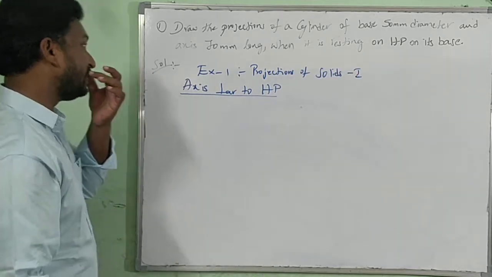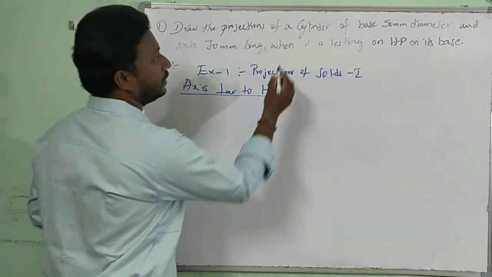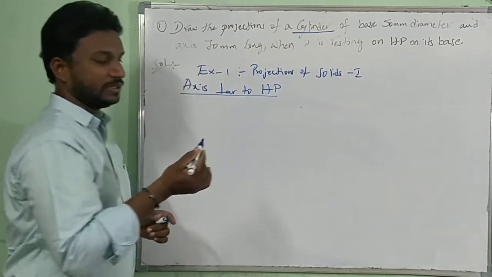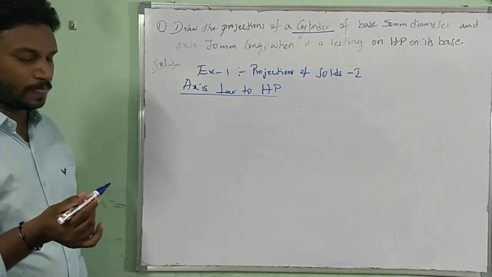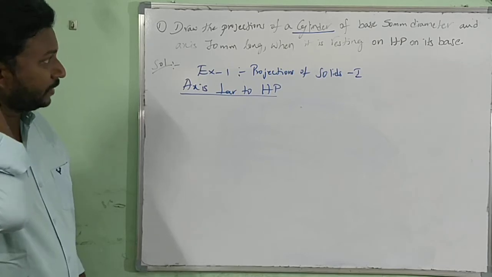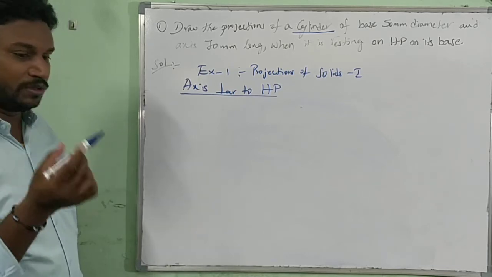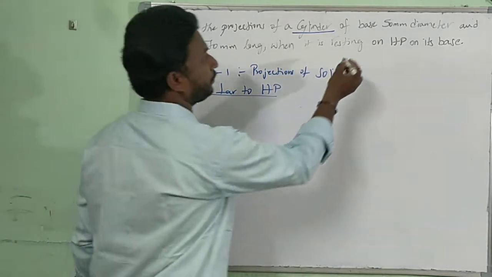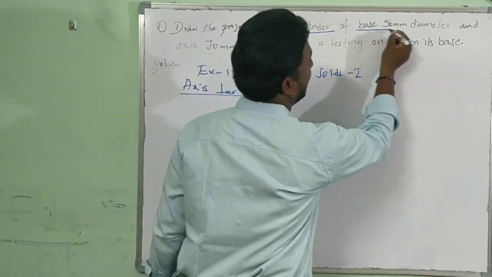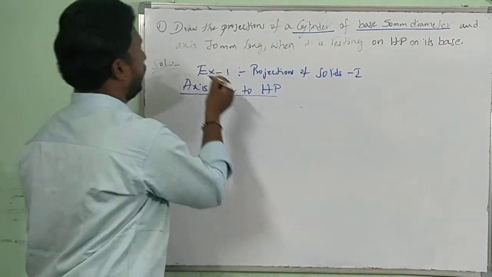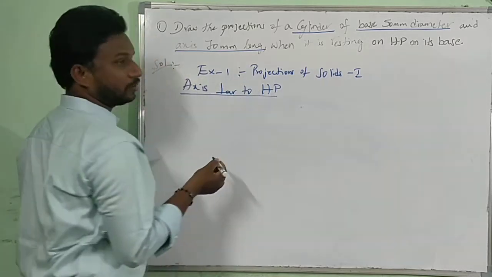First, analyze the question. Draw the projections of the cylinder. Object given is cylinder. What are the different dimensions given? Base diameter 50 mm and axis 70 mm long.